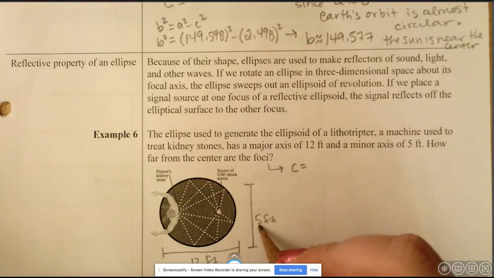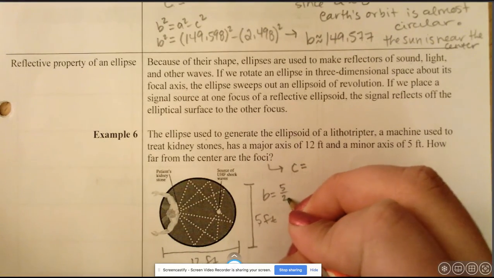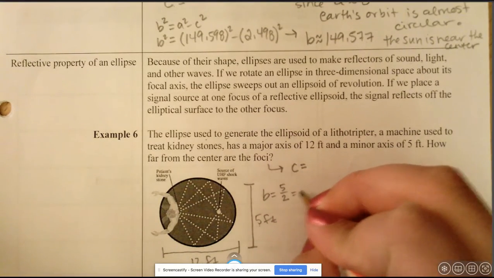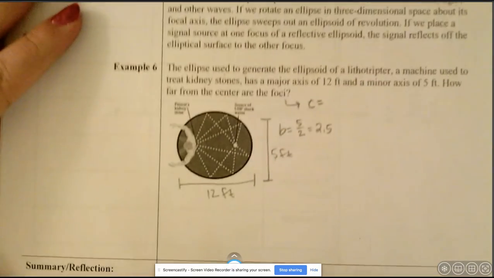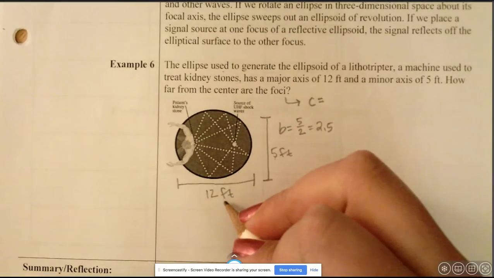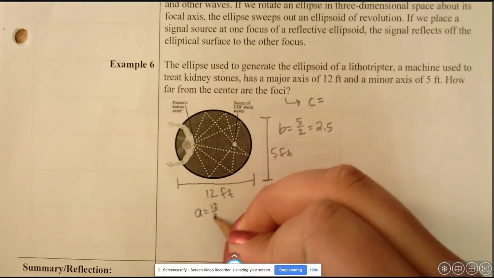Okay, what does the 5 represent? It's the minor axis. Well, B is the minor axis over 2, the semi-minor axis. So B is 2.5, and A comes from half of our major axis. So A is 12 over 2, or 6.